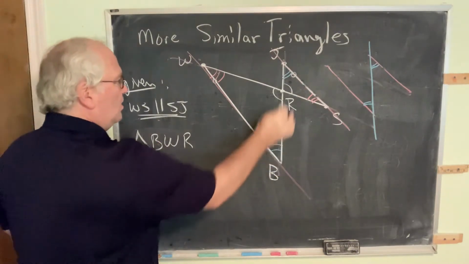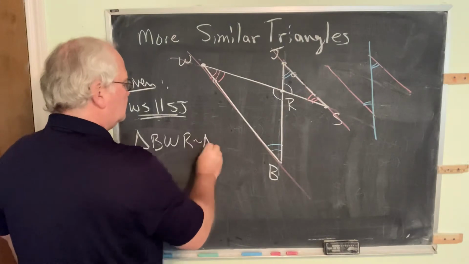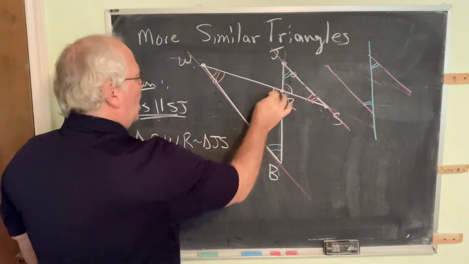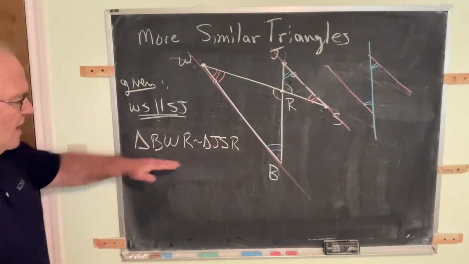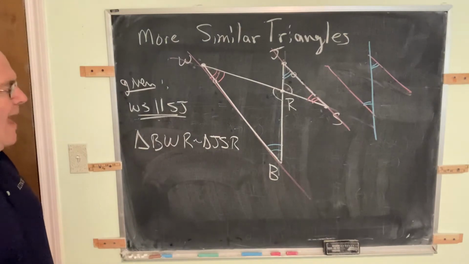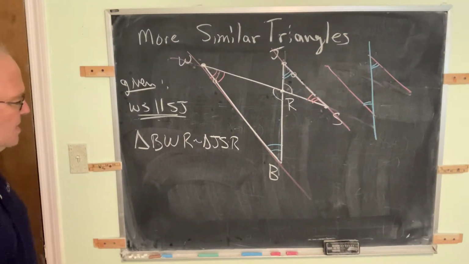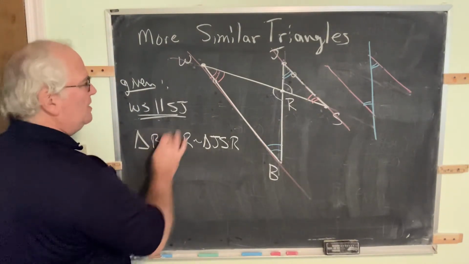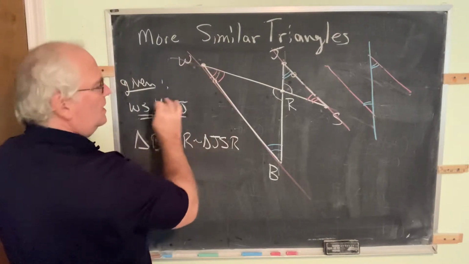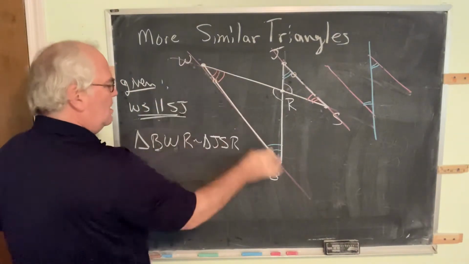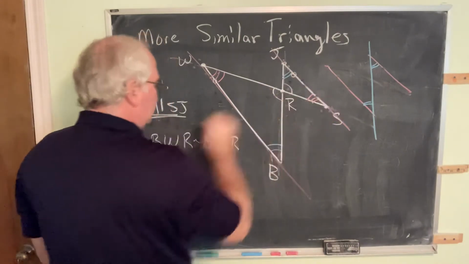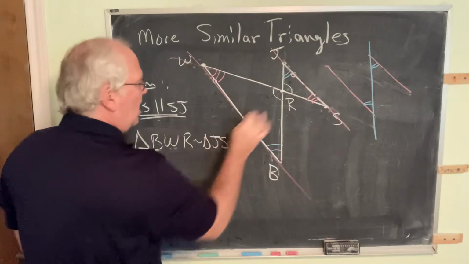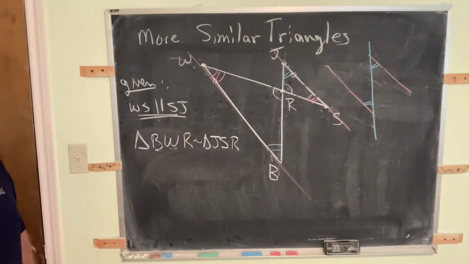B corresponds to angle J, and W corresponds to angle S, and R corresponds to itself. So we have those triangles are similar. And now we can form all sorts of proportions because we know that segment BW corresponds to segment JS. And WR corresponds to SR, and so on around the triangle.